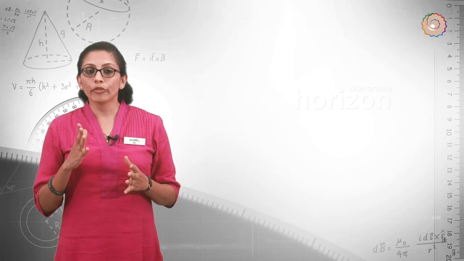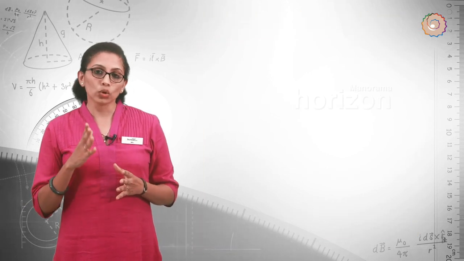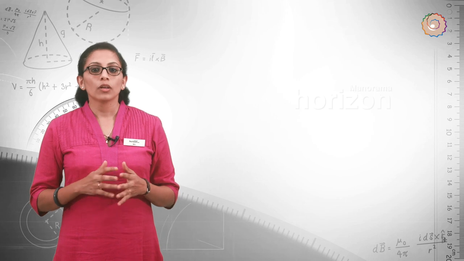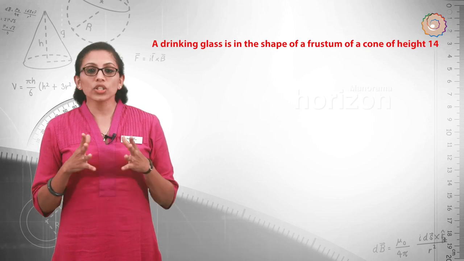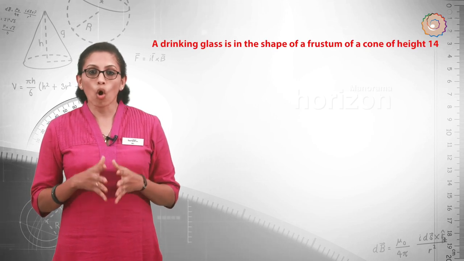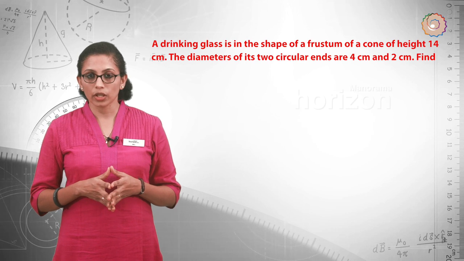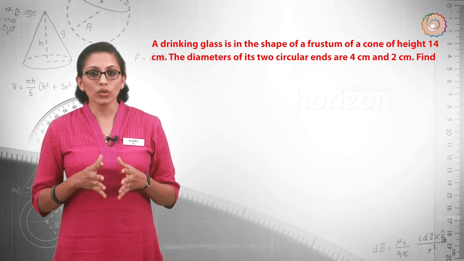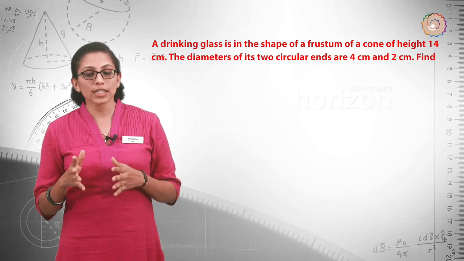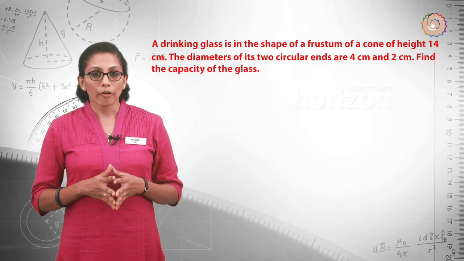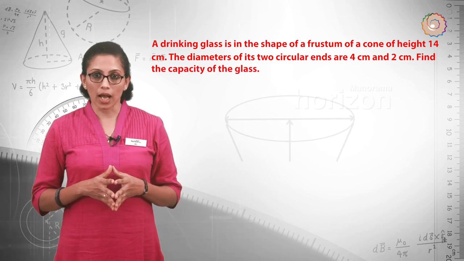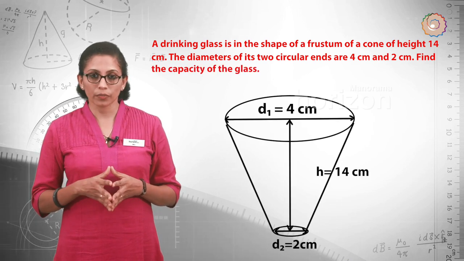Using the formulae for finding volume, let's go through one example. A drinking glass is in the shape of a frustum of a cone of height 14 cm. The diameters of its two circular ends are 4 cm and 2 cm. Find the capacity of the glass. Let's see the solution.